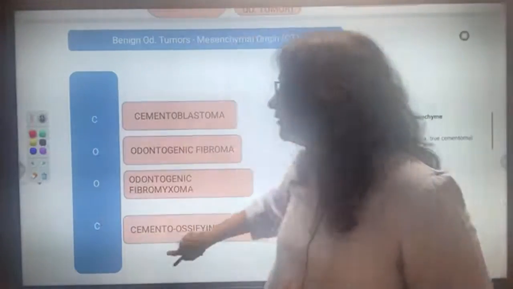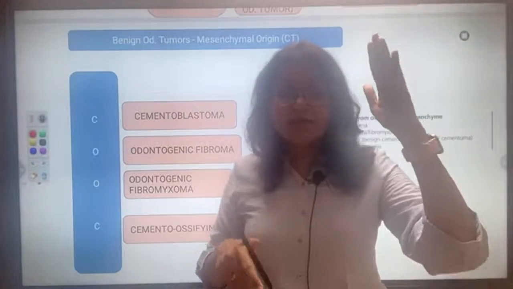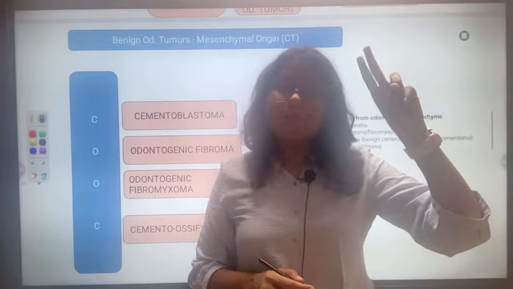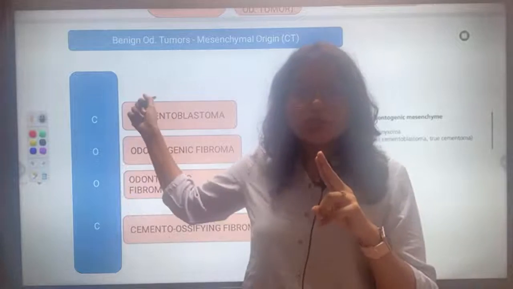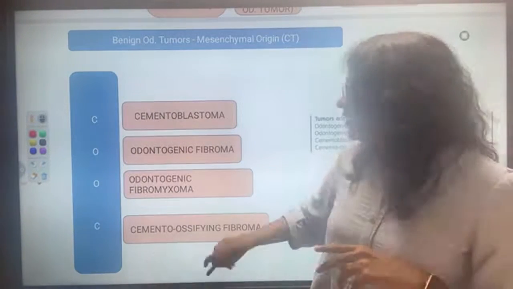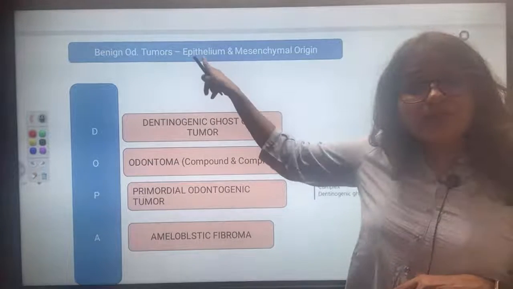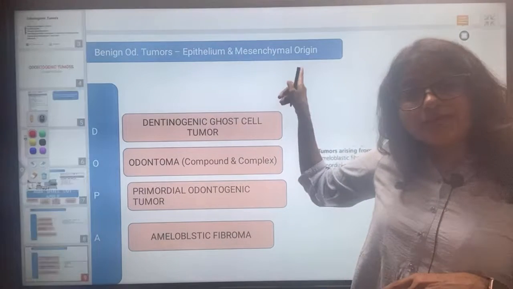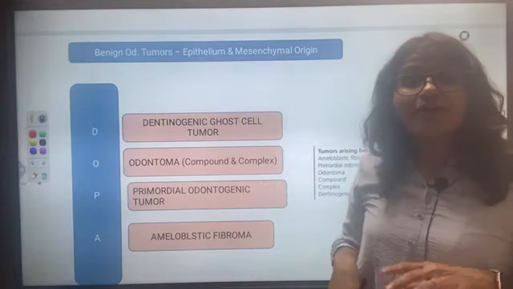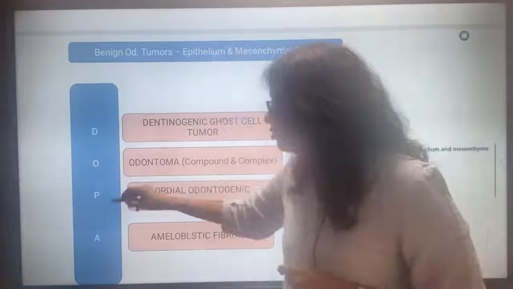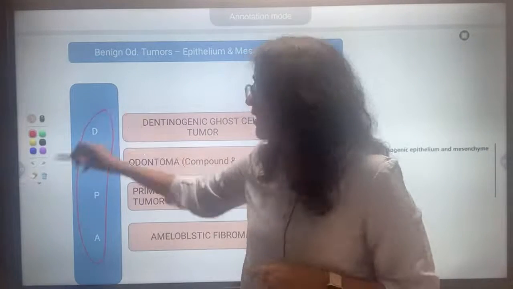What is the third? So I told you for benign epithelium, we saw Amma shall cut apple. Then for benign connective tissue, COOC, remember this. And for tumors coming from both epithelium and connective tissue, in this case remember DOPA, D-O-P-A, okay.